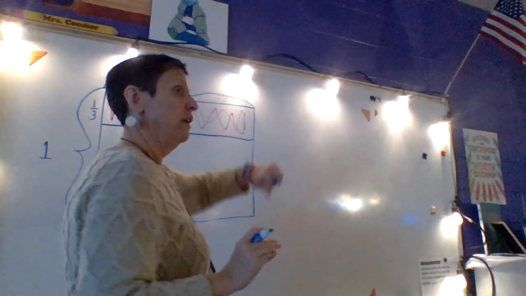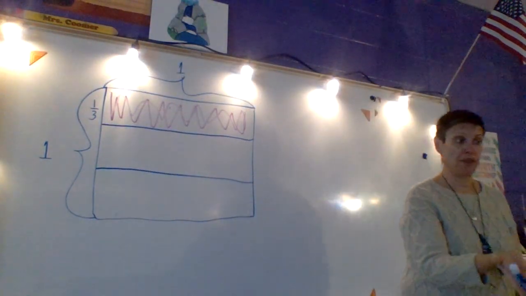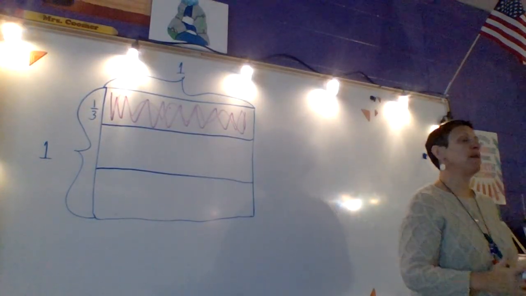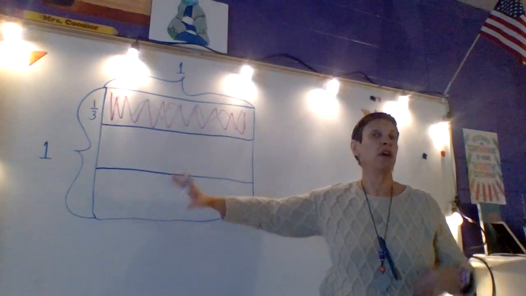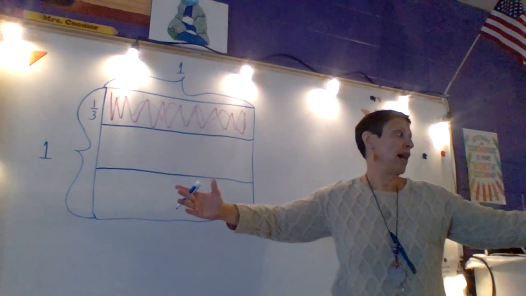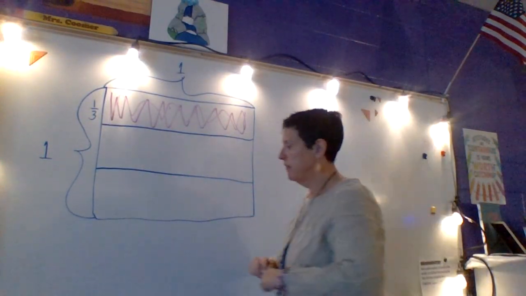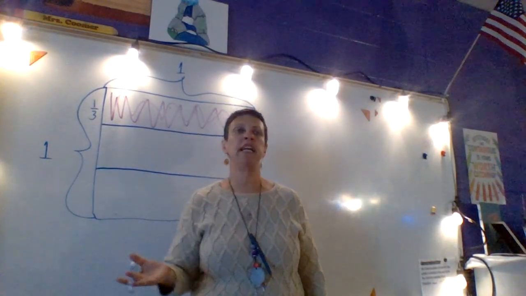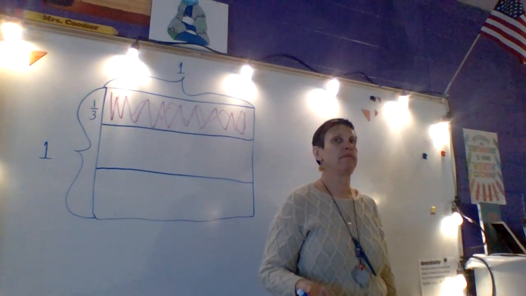All right? Now I'm shading what? Say it again. 1/4. So wait just a second before you do any. So I have to split this into what? Fourths. I have to split this into fourths. Okay? So I'm going to draw a line. So how many lines do I need? Ashton? 3.